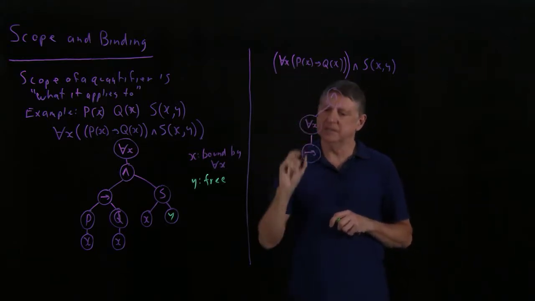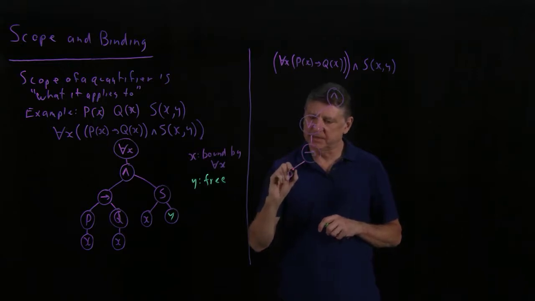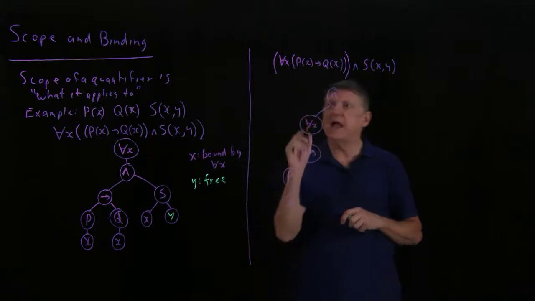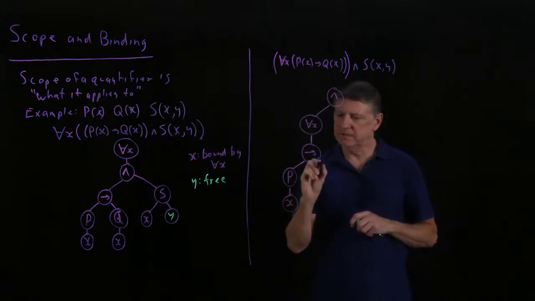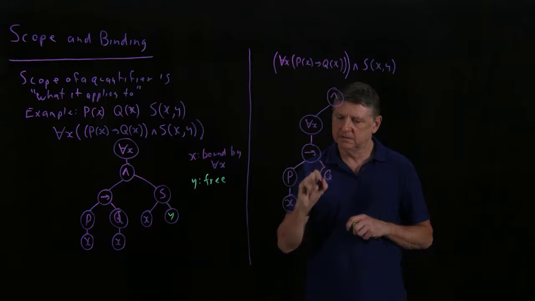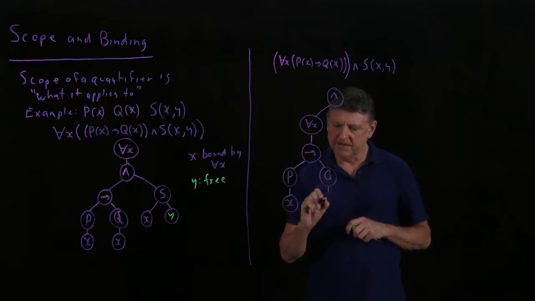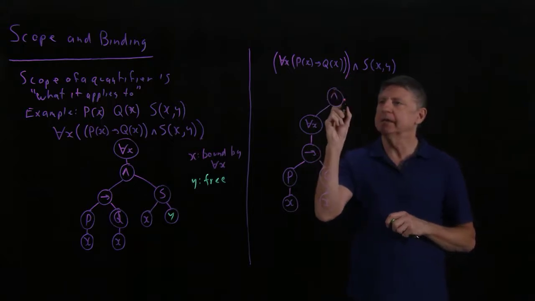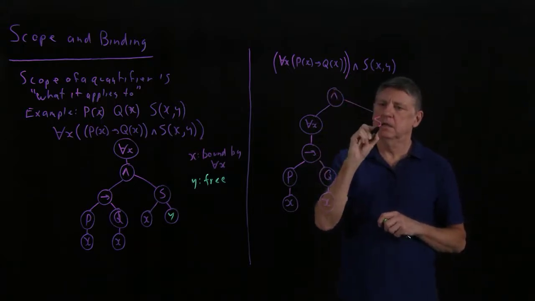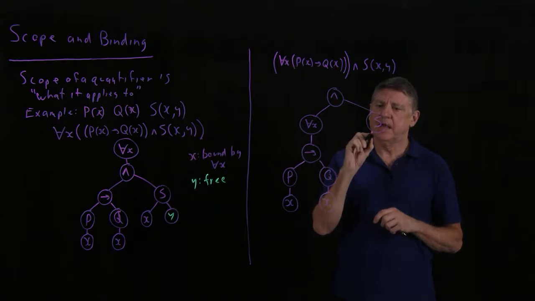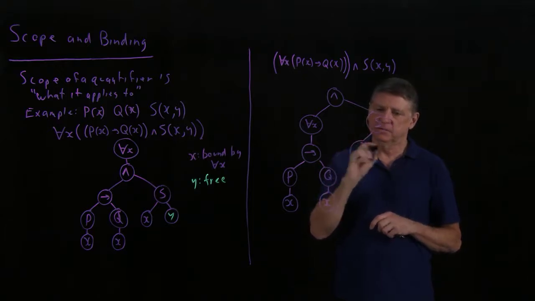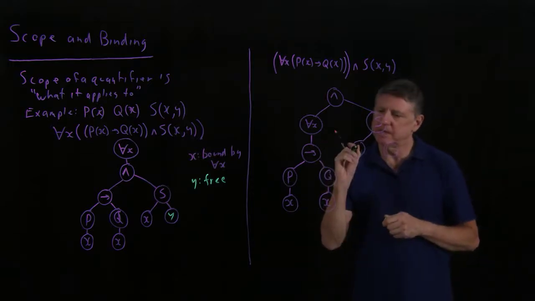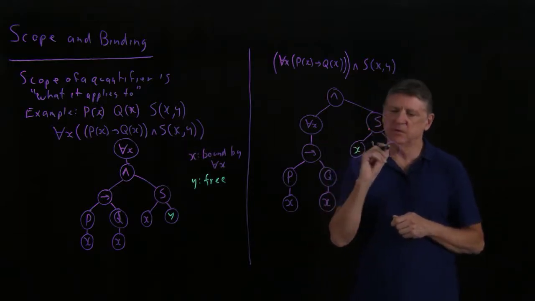The antecedent of the implication is a predicate of x, and the consequent is a predicate of x. The right conjunct is a predicate of two variables. And now let's switch and put x and y here.